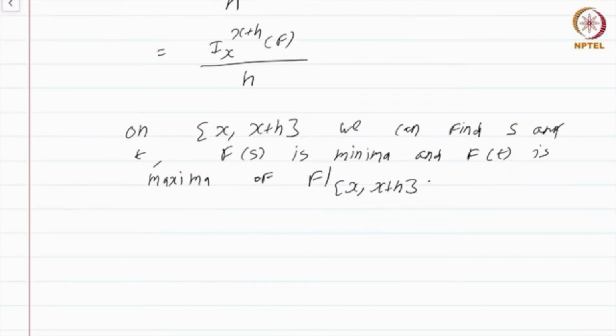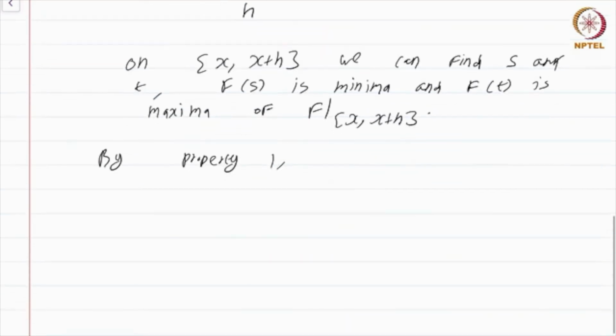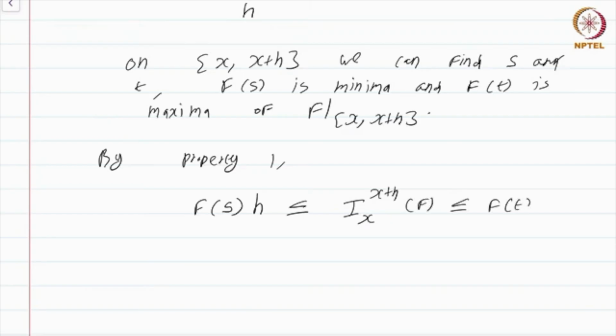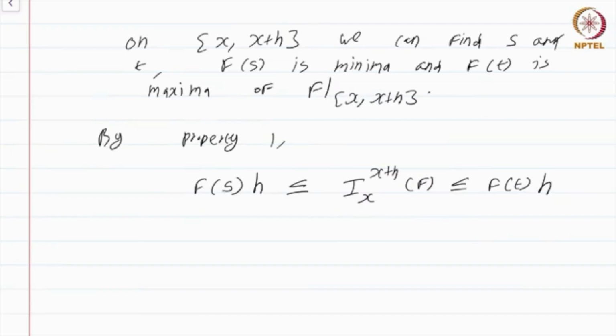By property 1, f of s times h is less than or equal to I_x,x+h of f is less than or equal to f of t times h. Now that means f of s is less than or equal to I_x,x+h of f divided by h is less than or equal to f of t.